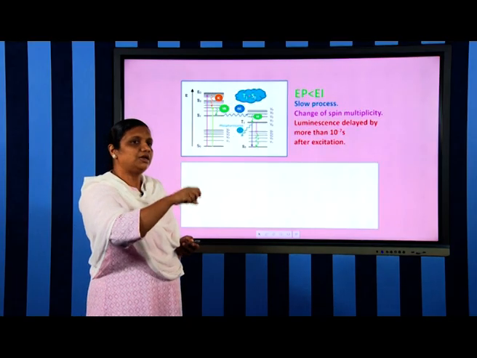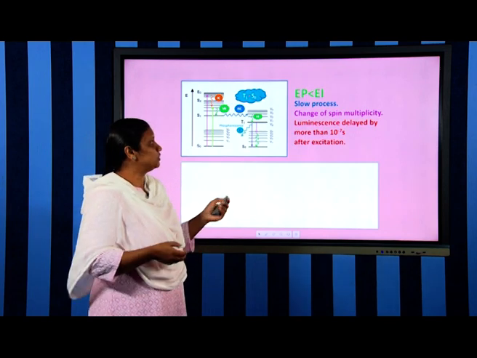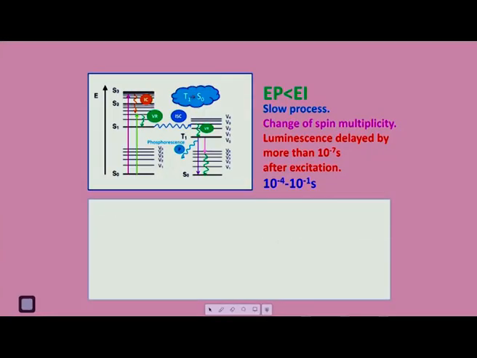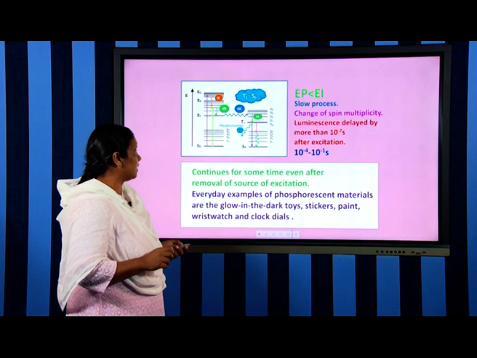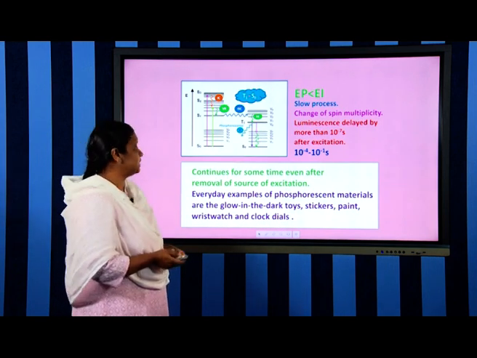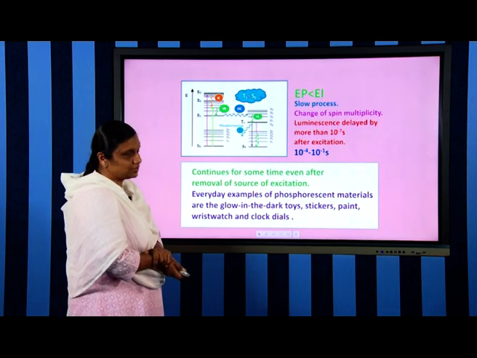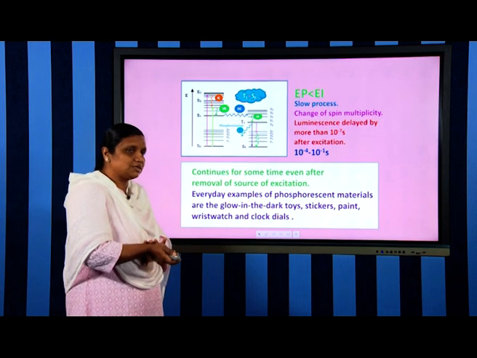You excite it and it is delayed by 10 to the power of -7 seconds, and then only phosphorescence happens. And it takes 10 to the power of -4 to 10 to the power of -1 second. And it continues even after removal of the source of excitation. Examples are glow in the dark toys, stickers, paints, clock dials, etc.